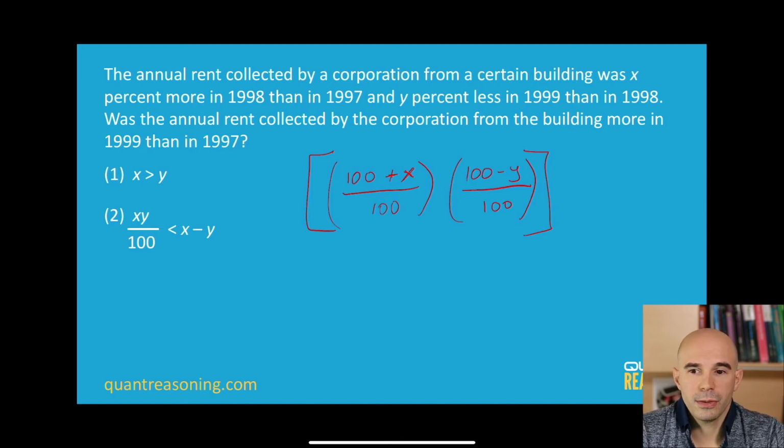So what would have to be true of this big expression that I have here in red in order for the answer to the question to be yes? If we want to say yes, the rent was greater in 99 than it was in 97, what would have to be true of this red expression?